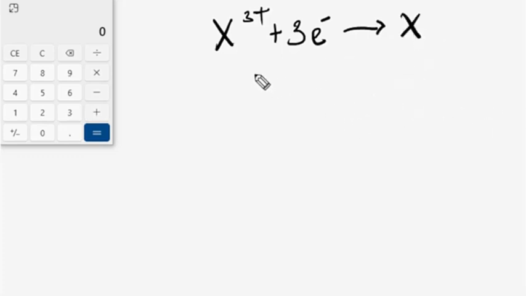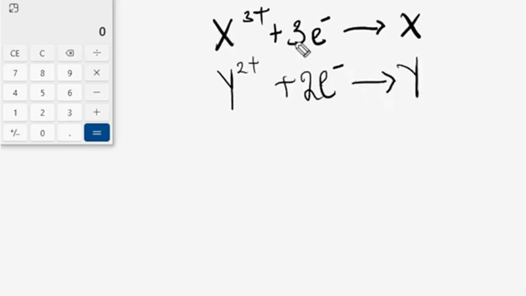So now if this is the case for the trivalent ion, then for the divalent ion being Y, it's going to be this plus 2E, and this is how it will discharge.